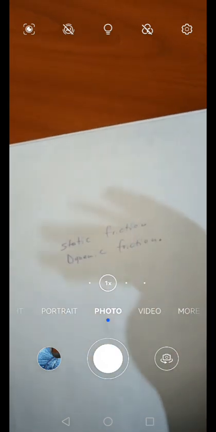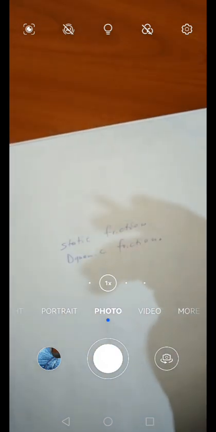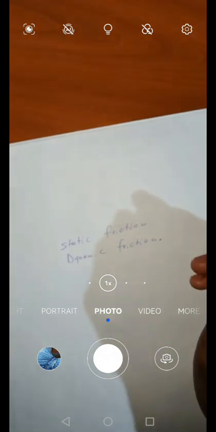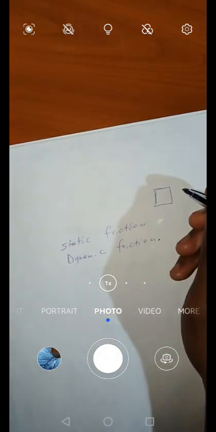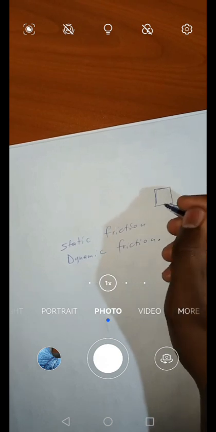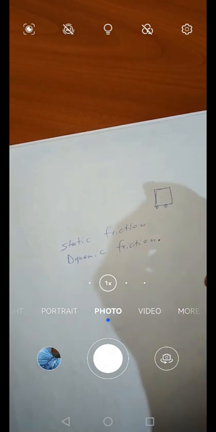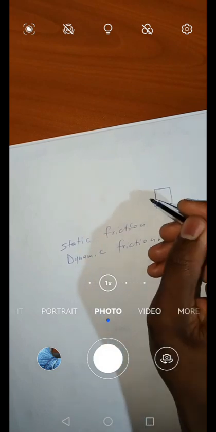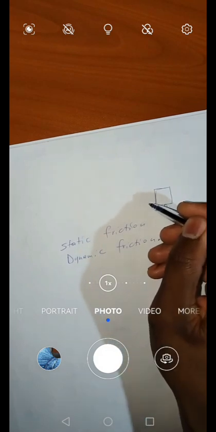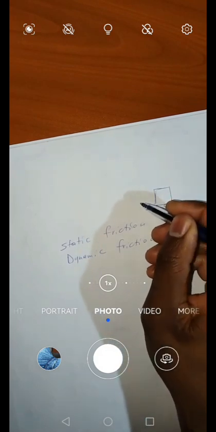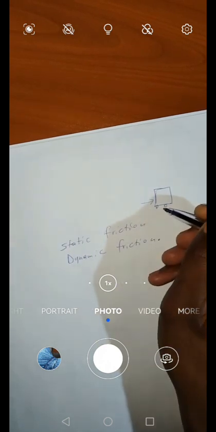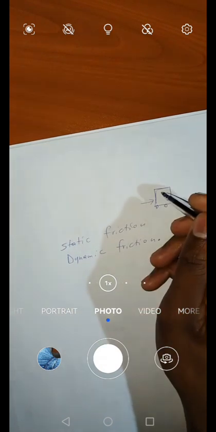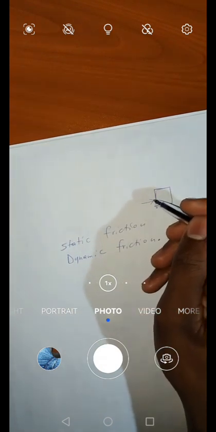This tells you that if something is stationary like this, maybe it's a car or whatever, to get it moving you will have to apply a bigger force, since the friction will be more. That friction will be this static one. It's always bigger. Then to set this thing in motion, we'll have to apply the big force.